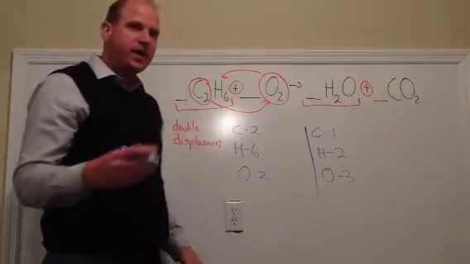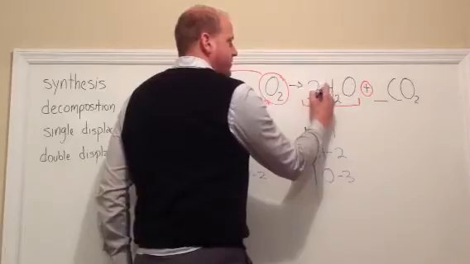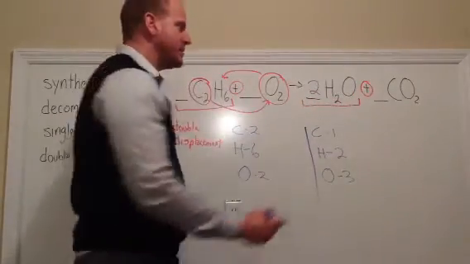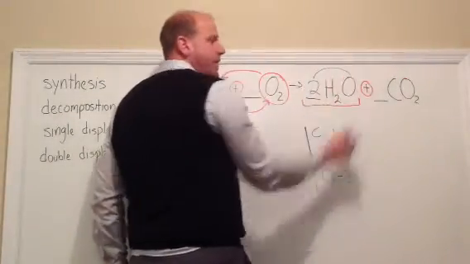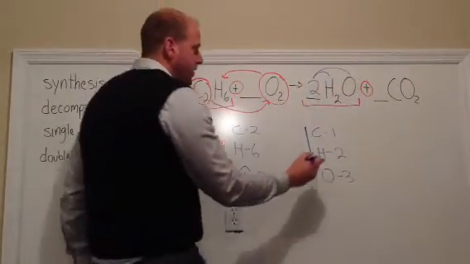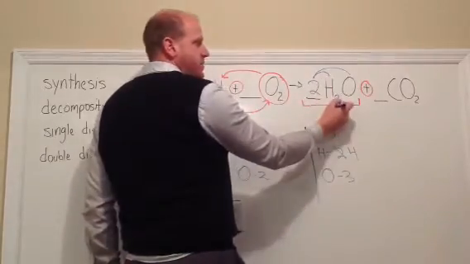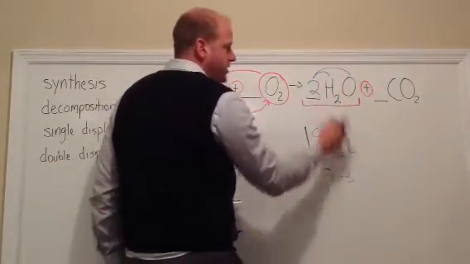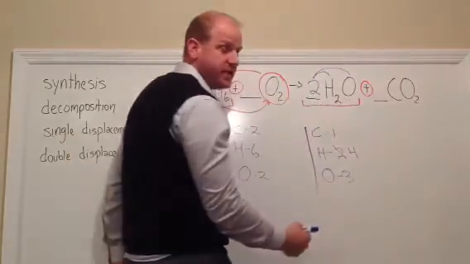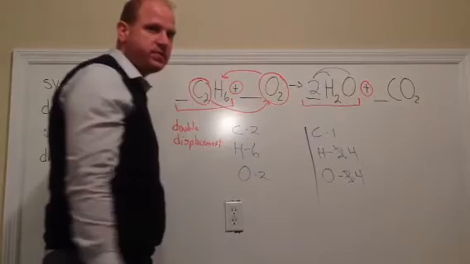The best way to make an odd number even is to multiply it by 2. Whenever I multiply it by 2, it multiplies not only the oxygen, but also the hydrogen in that term. So now I have 4 hydrogen, because 2 times 2, and I have 2 oxygen over here, plus the 2 oxygen in that second term, giving me a total of 4 oxygen.